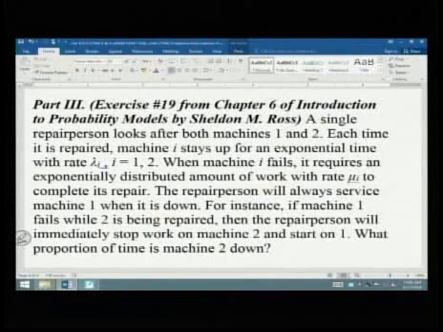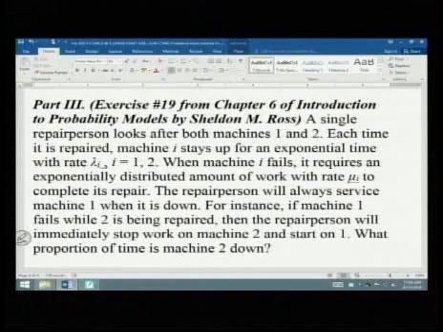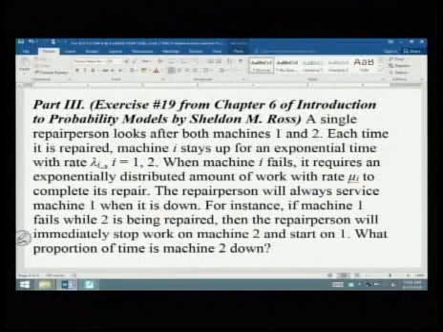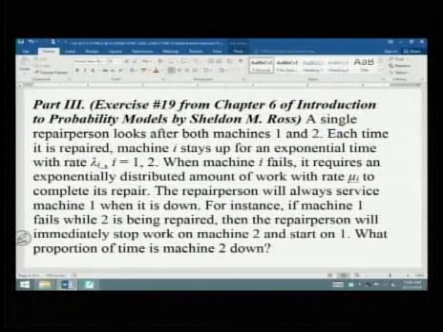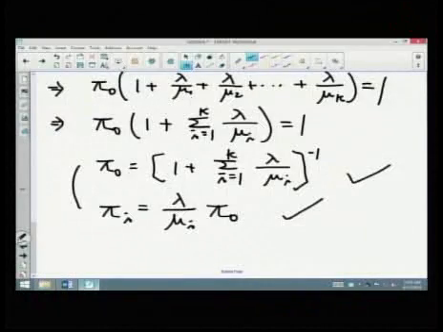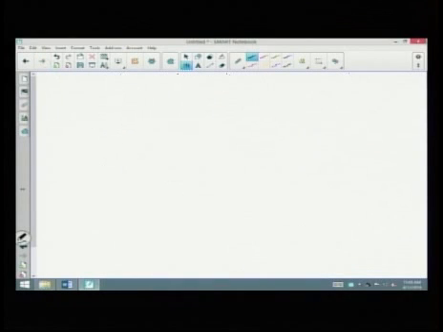So let's define the state of the system. So how do you define the state of a system? Let's go back.